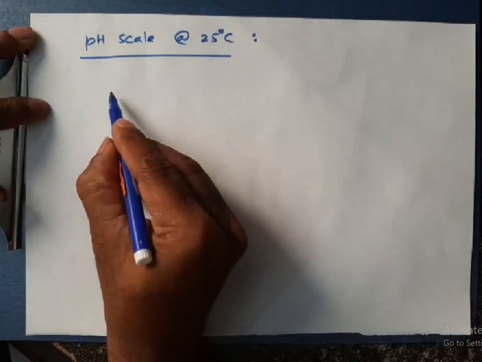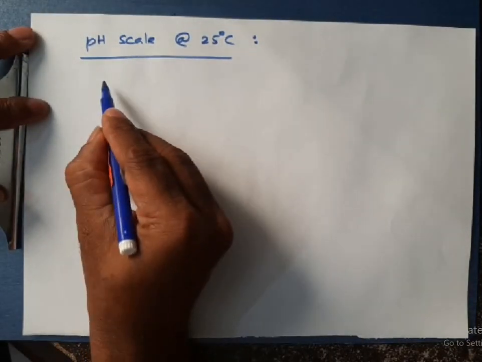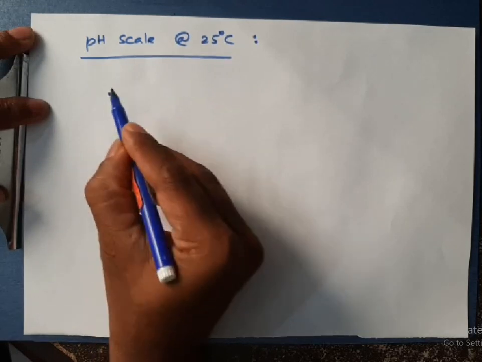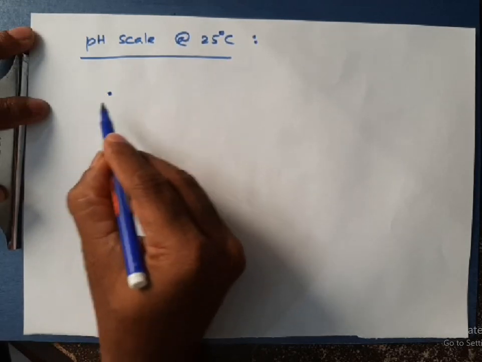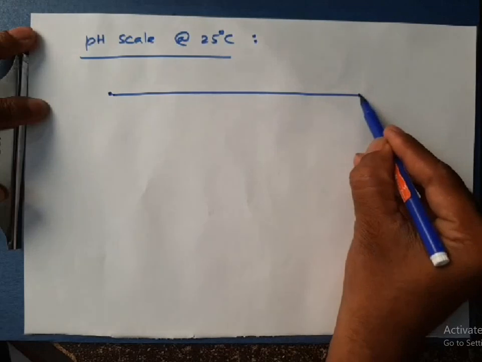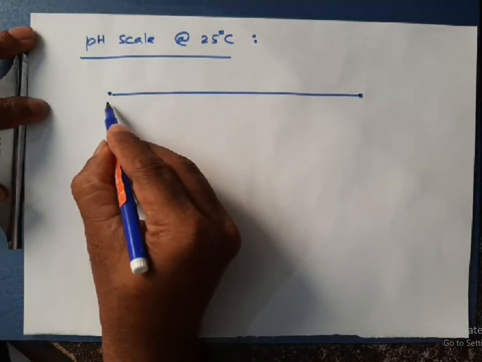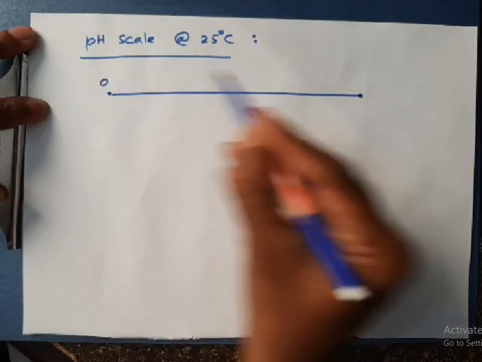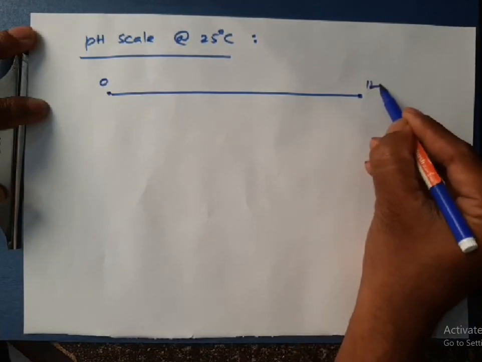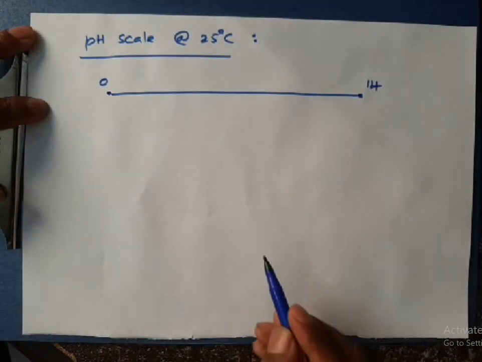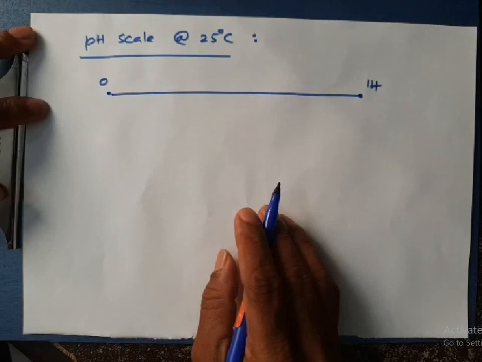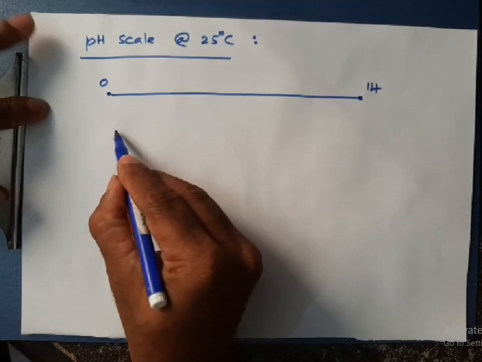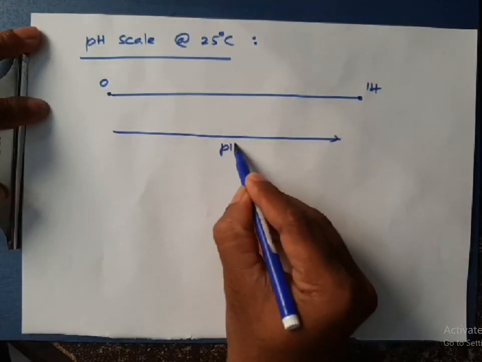The lowest value of pH is actually 0. Let me just draw a line here. This is the value of 0, and here the value is 14. This is the pH range at 25 degrees Celsius. So from left to right, pH increases.